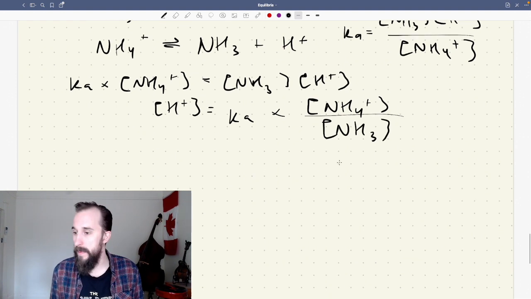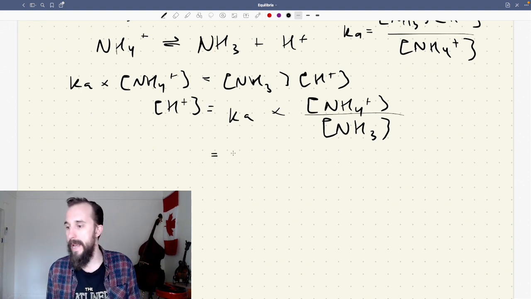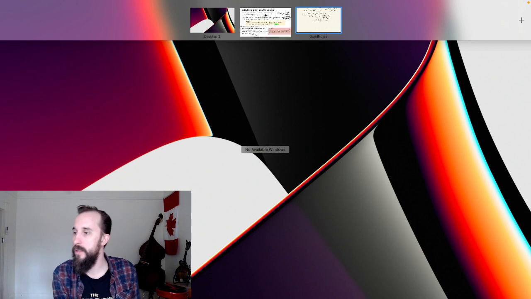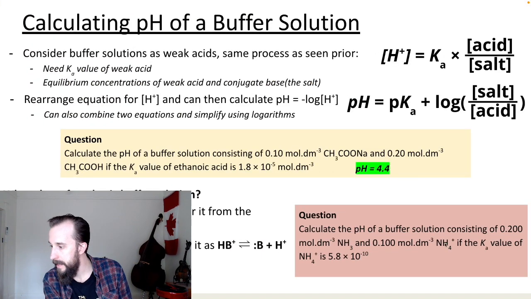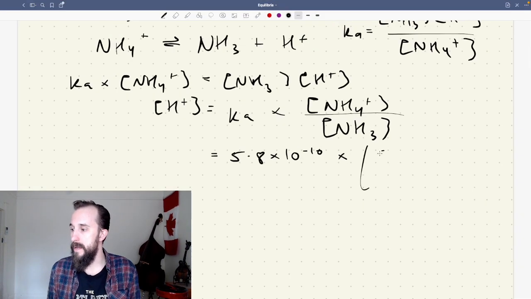So if we plug all that in, what were we given? We're given a Ka of 5.8 times 10 to the minus 10, and then we were given an ammonium concentration of 0.1 and ammonia of 0.2. So that'll be 0.1 divided by 0.2.